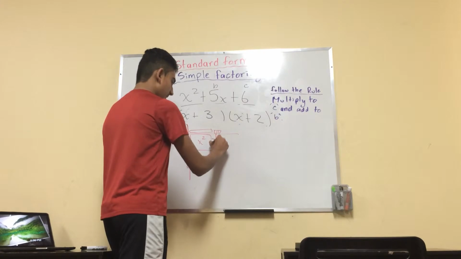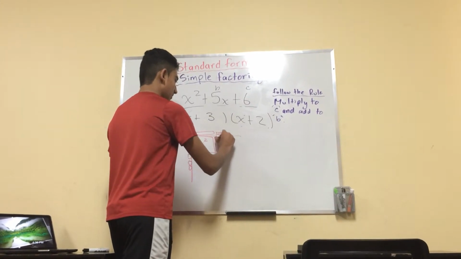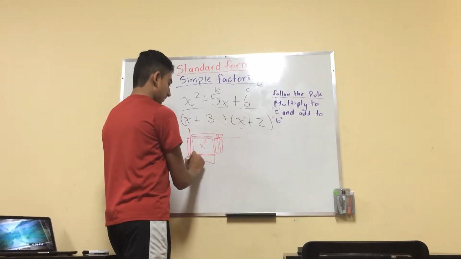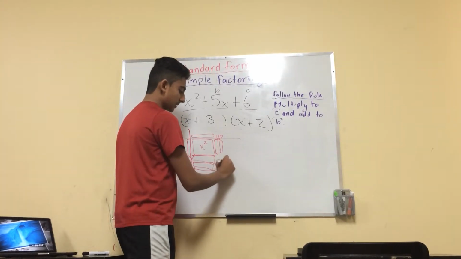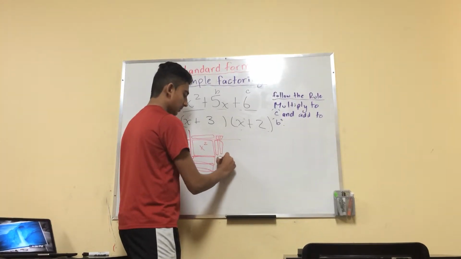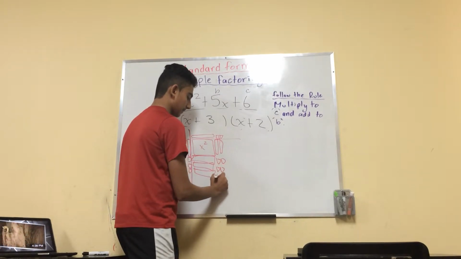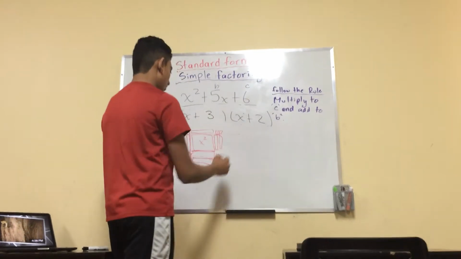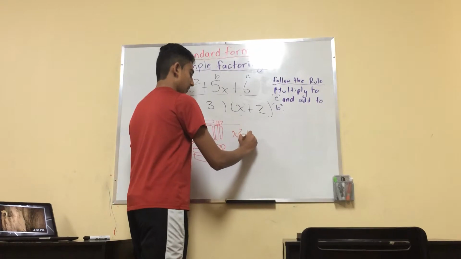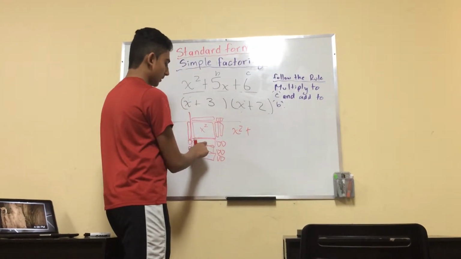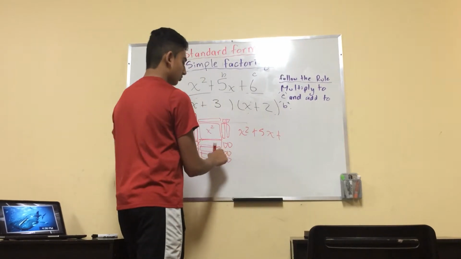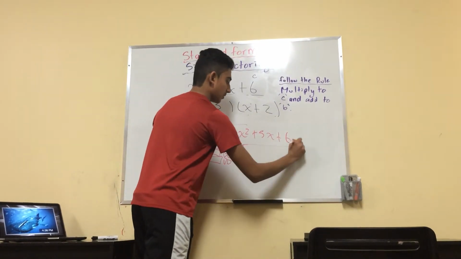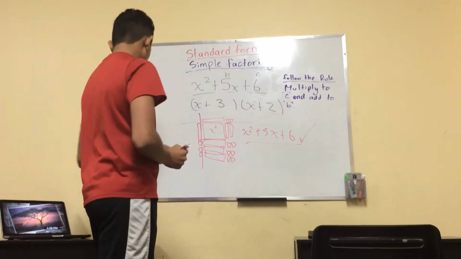We can have an x here, an x here, an x here, and an x here. And with the space left, we can have 6. So in total this is x squared plus 1, 2, 3, 4, 5x plus 1, 2, 3, 4, 5, 6. And this is right.